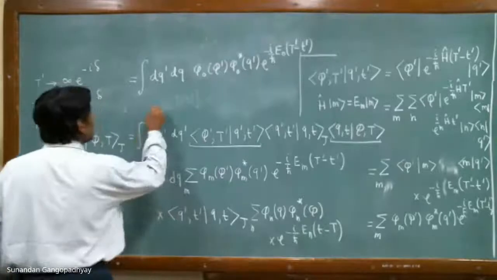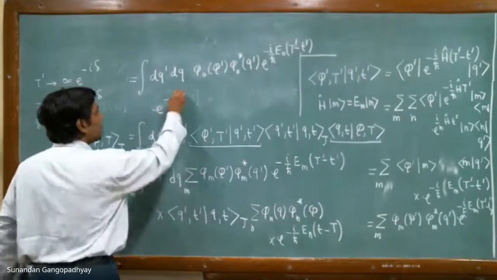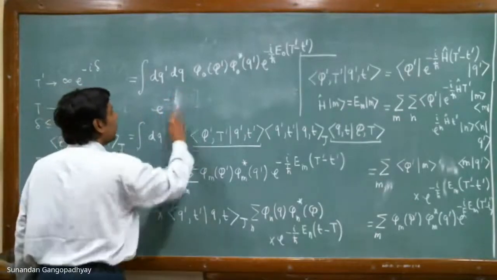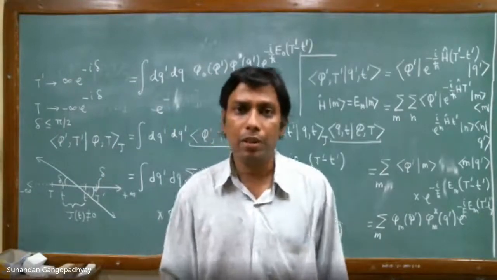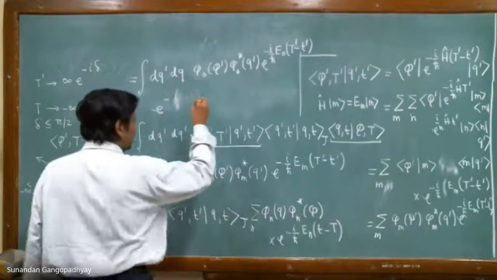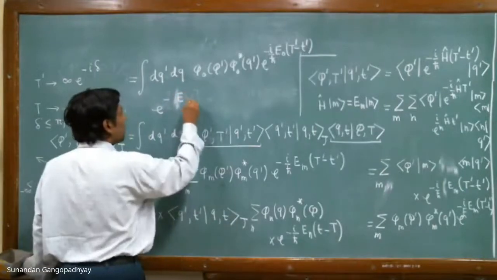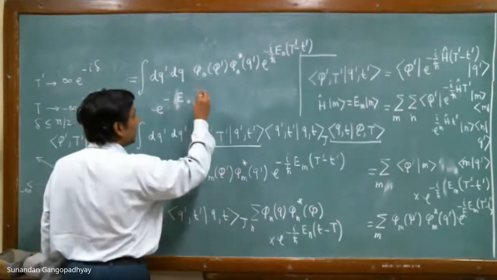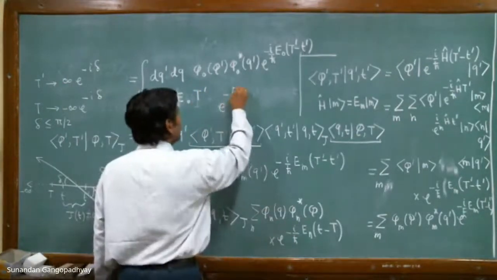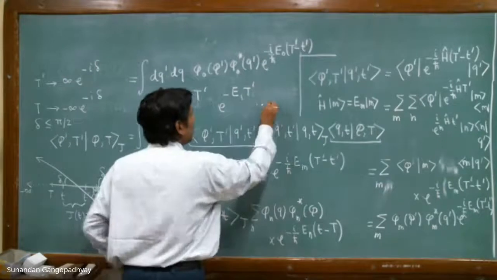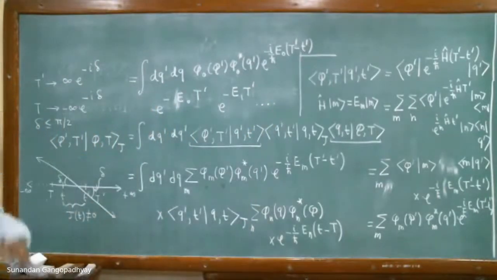What I am saying is, you have exponential. Say one of the terms is like this: e to the power of, forget about infinity, don't think about infinity. What I am saying is that you have E0 into some time, say capital T prime, and then you have another term E1 T prime, and so on, right?